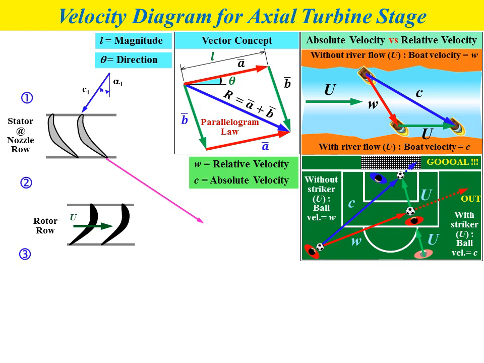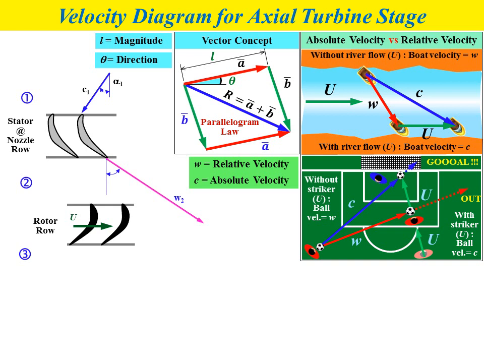Next, at the outlet of the stator, we will have the relative velocity W2. Normally, the direction of the fluid in terms of relative velocity at the outlet of the stator depends on the shape of the nozzle blade profile.